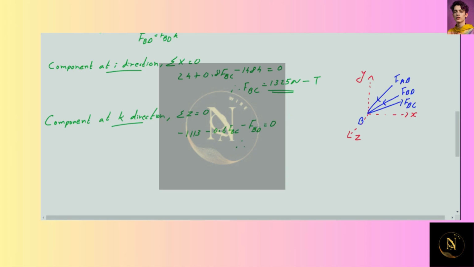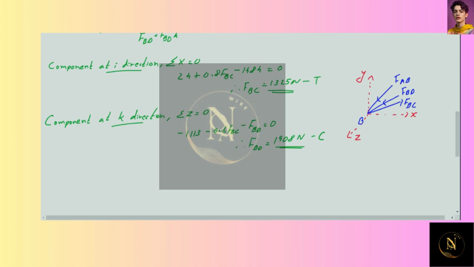So we got the value of FBC, substitute that value here. FBD will be equal to 1908 Newton. And FBD is going inward, that creates compression. Let's denote it by the letter C.